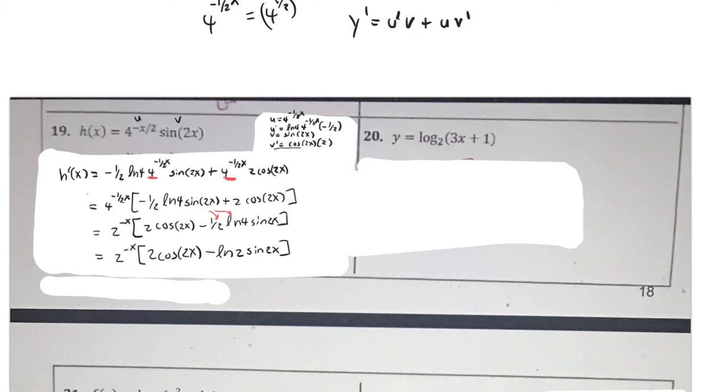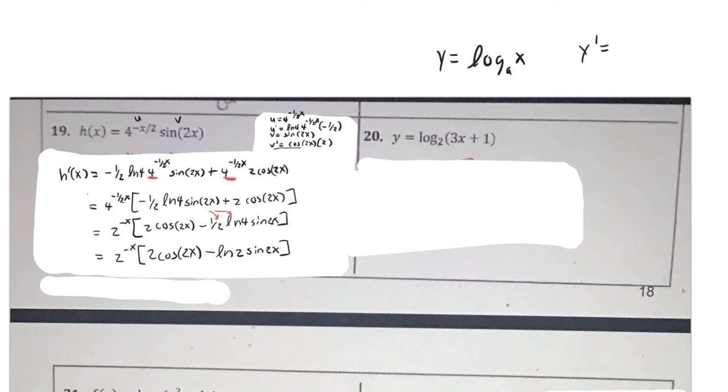This next one requires us to understand that if you just had a normal sort of logarithm scenario, like y equals log with a base of a of x, well, the derivative of that, and this is something you should memorize, is going to be 1 over x times ln of the base a.